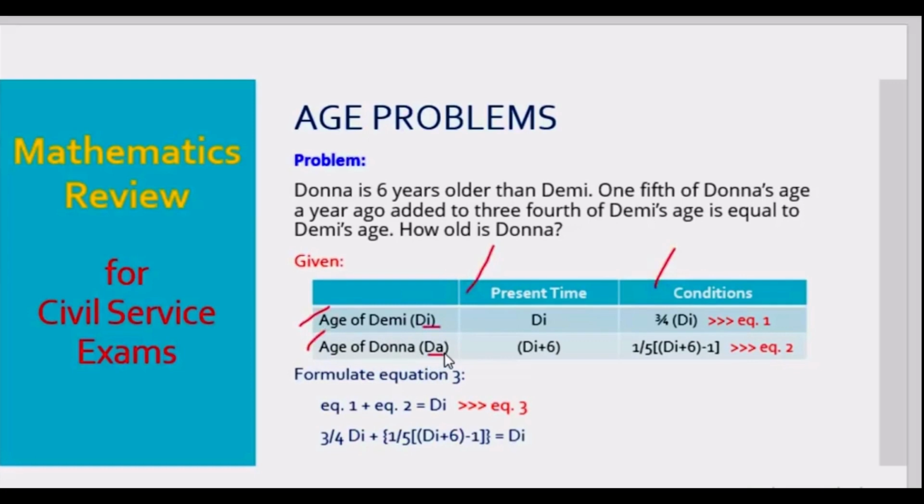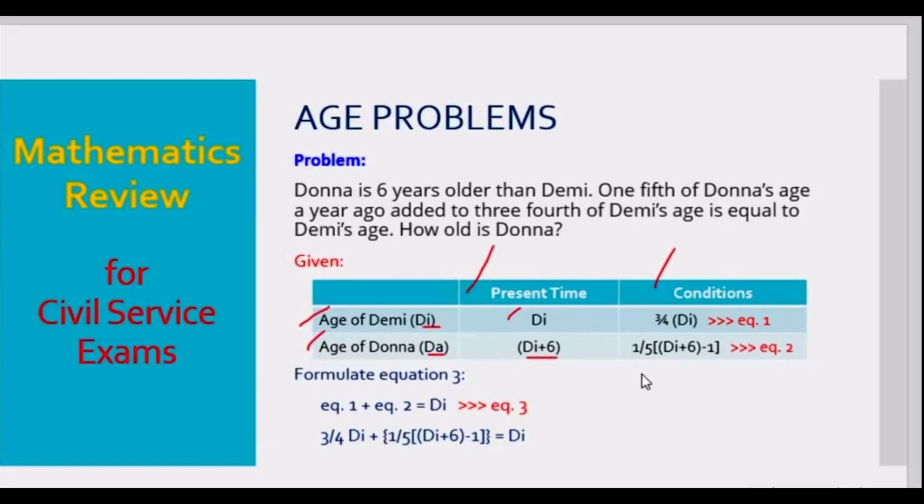So at present time, the age of Demi is assumed as D, simply D lang. Age of Demi. But the age of Donna is the age of D plus 6. Kasi 6 years older daw siya kay Demi si Donna.